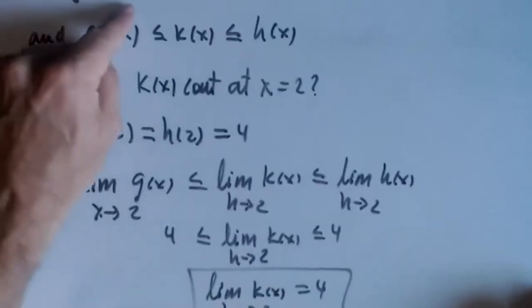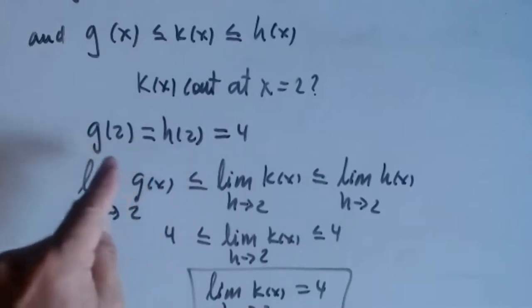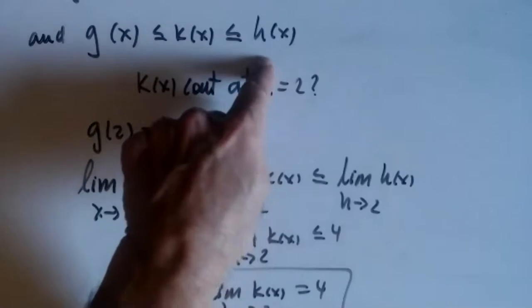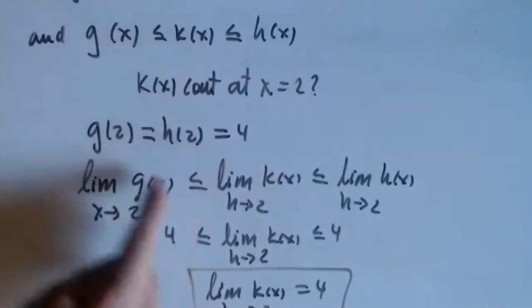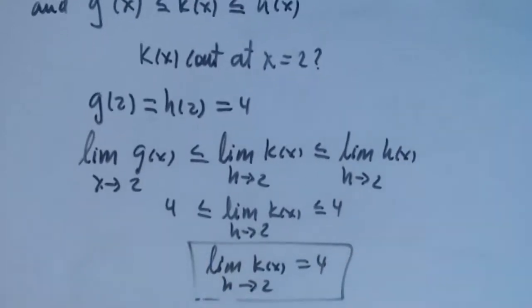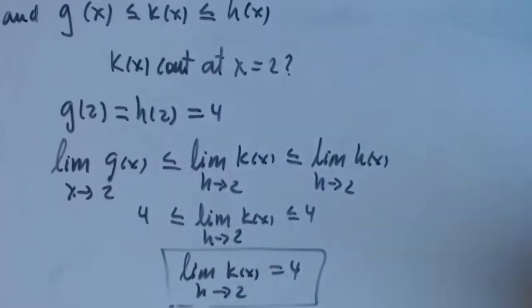But here is the question: from this inequality and this information, if you take the limit of this at 2, the limit of this at 2, you can find the limit of this at 2, correct? So you know that the limit of this function at 2 is 4 also. But now here comes the question. If the limit exists, the function has to be continuous? Yes?